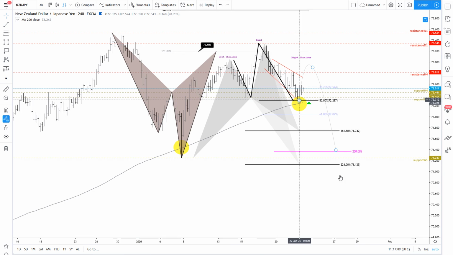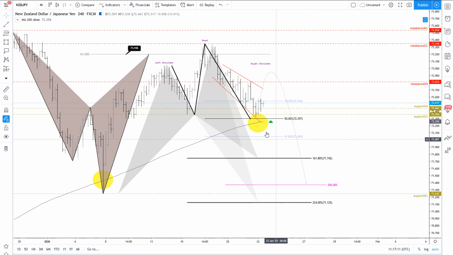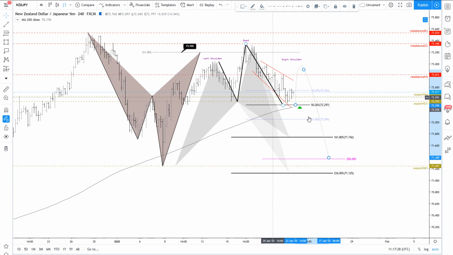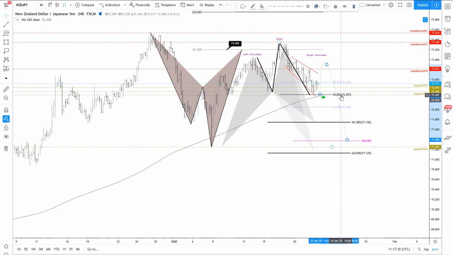And yesterday I shared this chart, let me just delete these yellow dots here. Actually, the market failed the 50% Fibonacci retracement, but keep that in mind. 50% Fibonacci as a default target for this bearish shark pattern printed there.